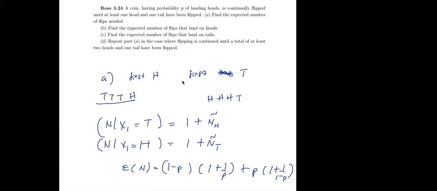If the first toss is tail, then the number of heads will be just 1, correct? There you go.